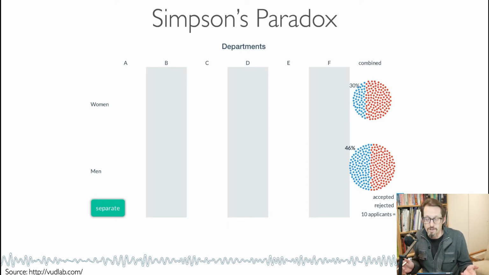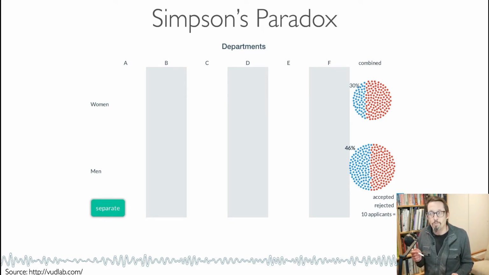If you look at, in this case, the men and women, right? So men here, women here, and you look at the groupings, then you see that the numbers for men are much, much higher. It looks exactly like what we were saying earlier, that men are admitted and women are less admitted.